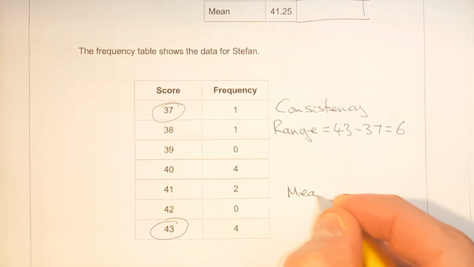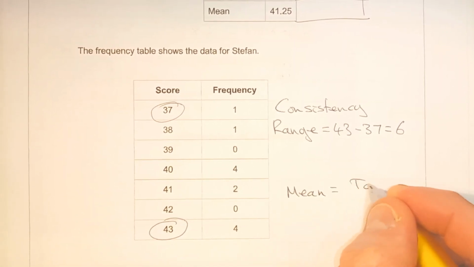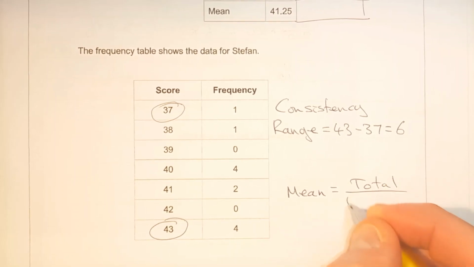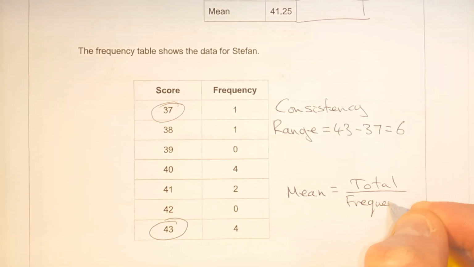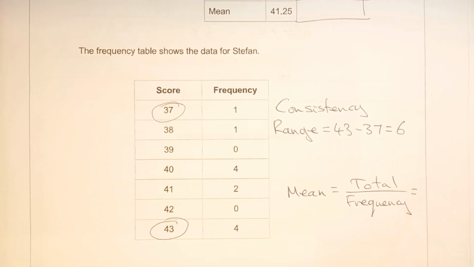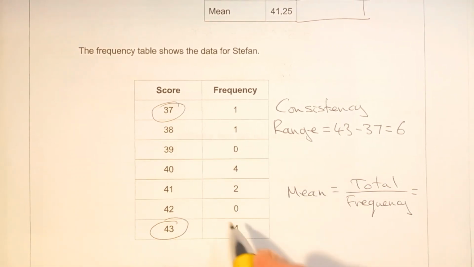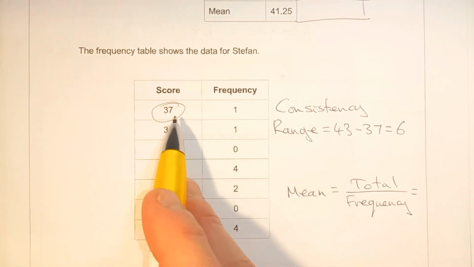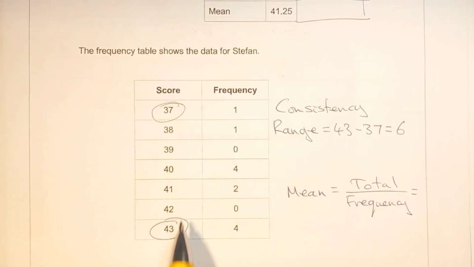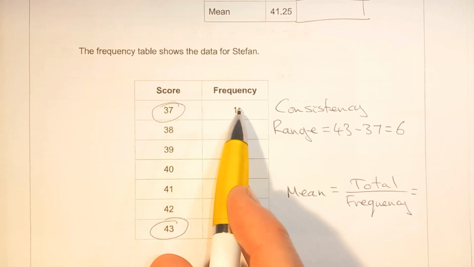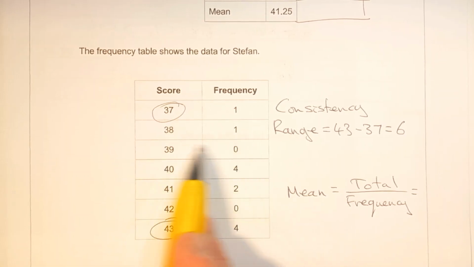Well, the mean is worked out by finding the total and dividing by the frequency. So what's the total of the scores? Well, we can't just add up these scores, because 37, yeah, it happened once. 38 happened once. 39 never happened, so we don't want to include 39.